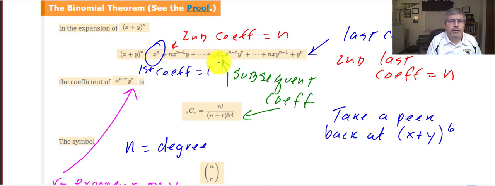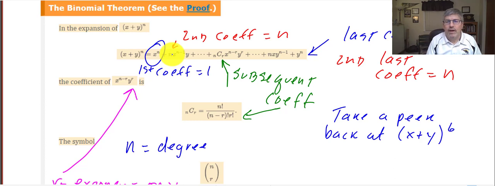So here's our binomial theorem, the expansion of x plus y to the n. They show here that we have x to the n plus n times x to the n minus 1 times y. So now our y's are showing up.